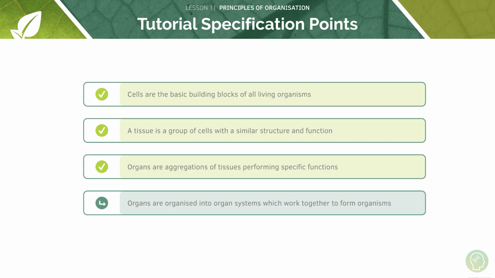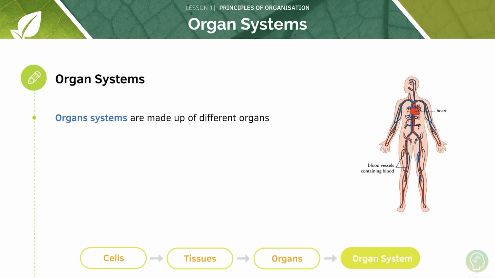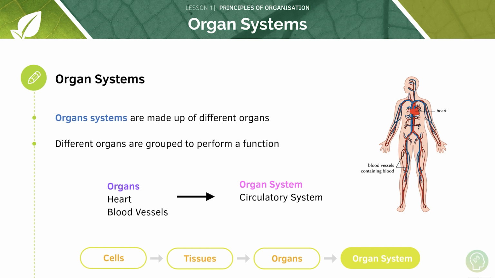So organs are organised into organ systems which work together to form organisms. Multiple different organs form organ systems. So for example, the heart and the blood vessels are two individual organs, but they come together to form a system, which we refer to as the circulatory system.